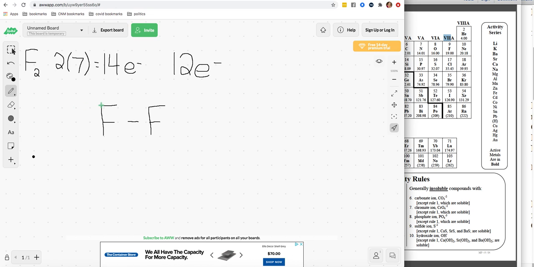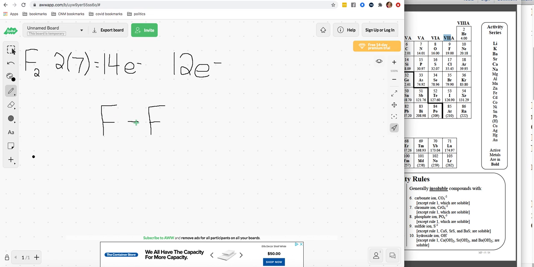This fluorine wants to have 8, and this fluorine also wants to have 8, but this bond right here represents 2, and so that counts as 2 for each of them. They're sharing those 2 electrons.